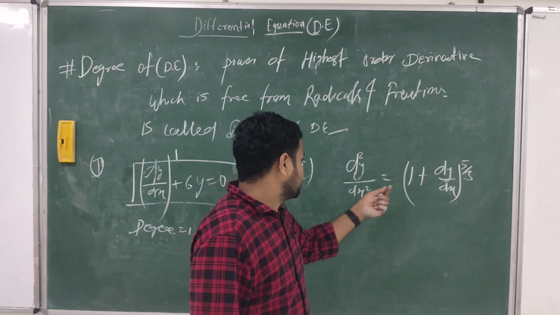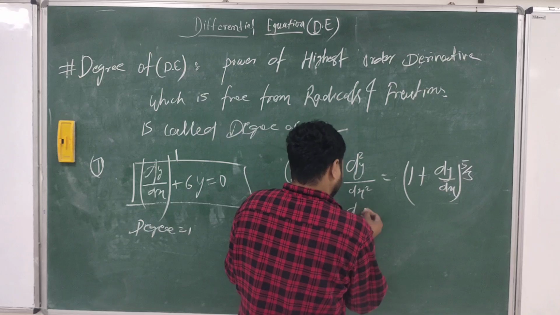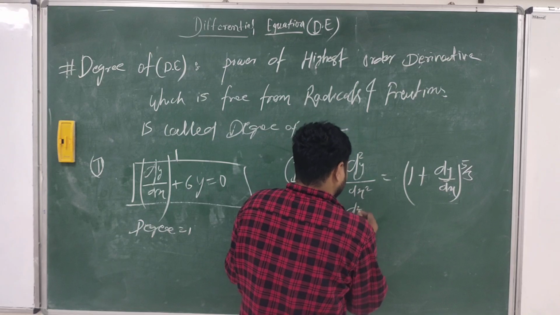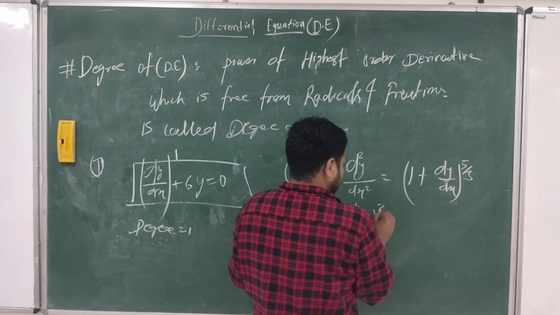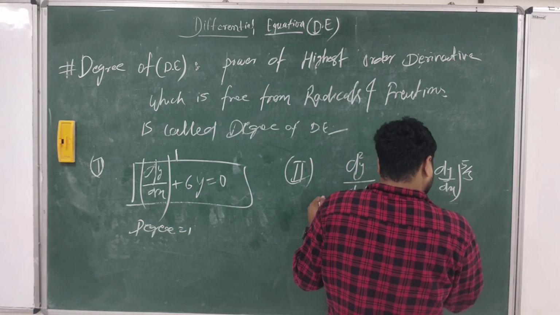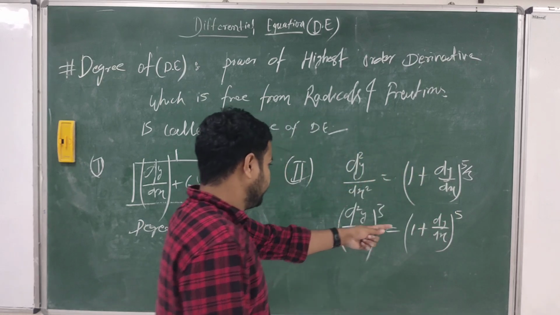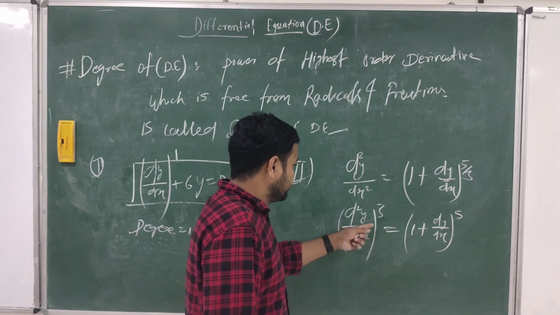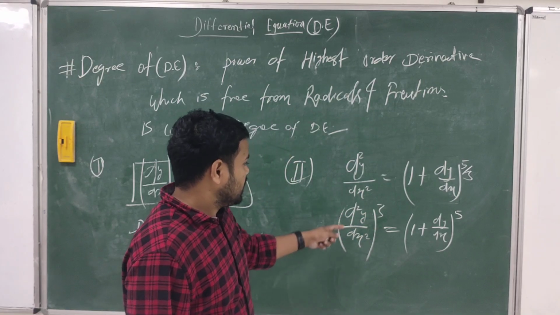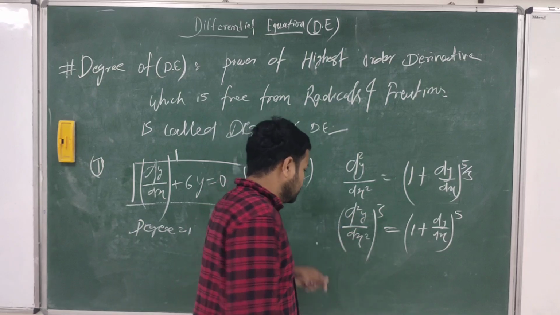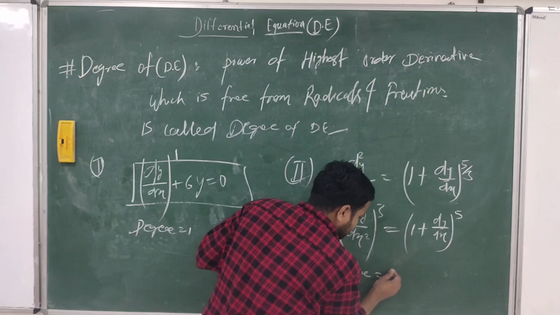First of all, we cube both sides, and we get (d2y upon dx2) cubed equals (1 plus dy upon dx) to the power 5. Now it is free from radicals and fractions. The power of the highest order derivative is 3, so we can say the degree equals 3.